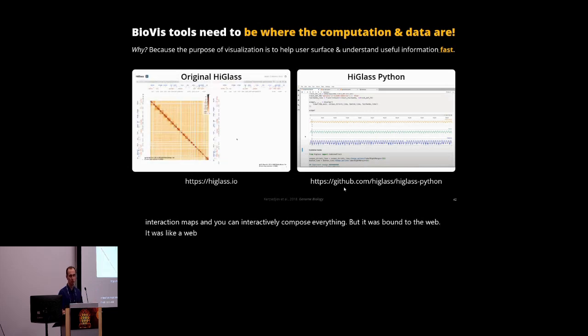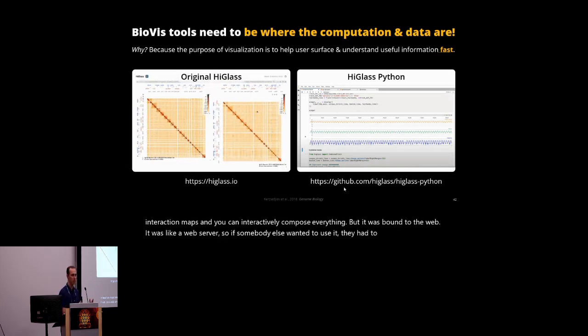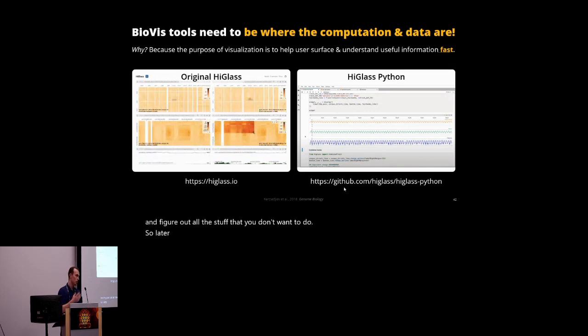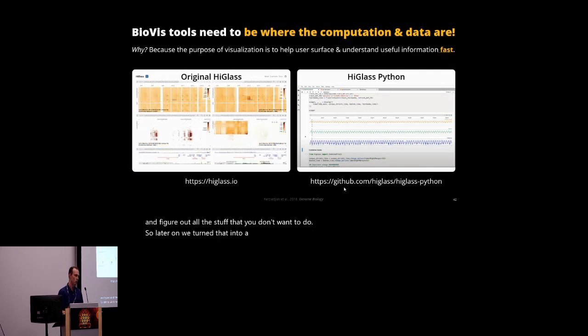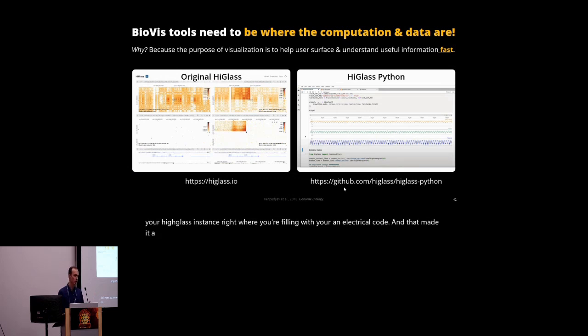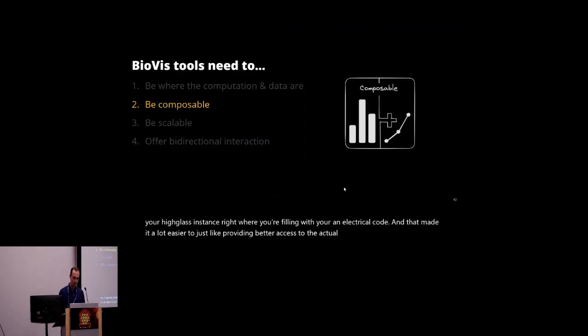So if somebody else wanted to use it, they had to set up a web server and figure out all the stuff that you don't want to do. So later on, we turned that into a Jupyter notebook widget such that you can just launch your HiGlass instance right where you're fiddling with your analytical code. And that made it a lot easier, providing better access to the actual visualization tool.